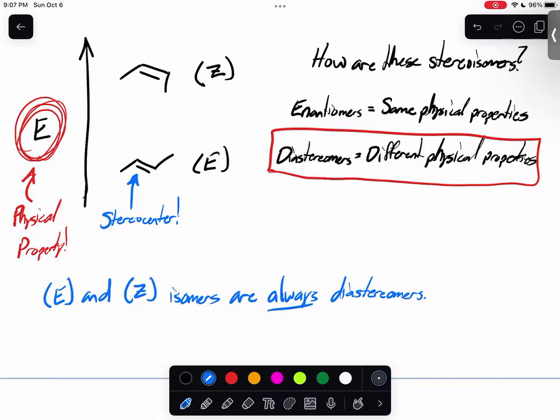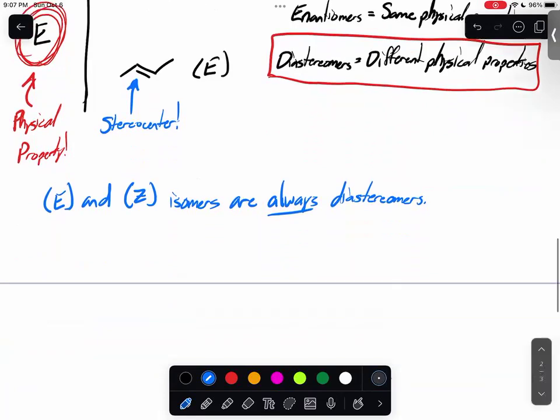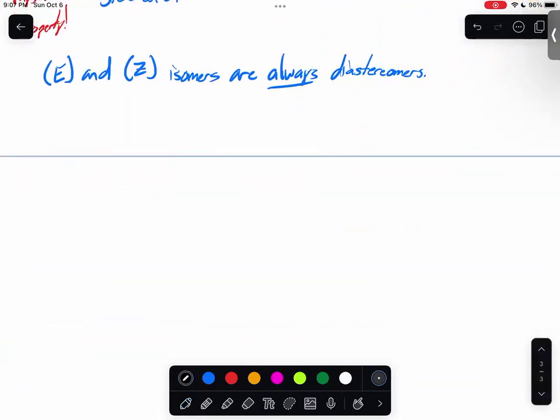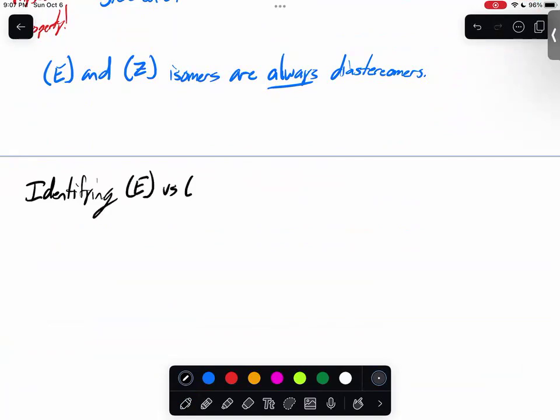Okay? So, with that being said, we have to have some rules for identifying E versus Z, right? Because it's just like when we're looking at R and S, because it is this idea where it's just a new stereocenter that we're looking at.